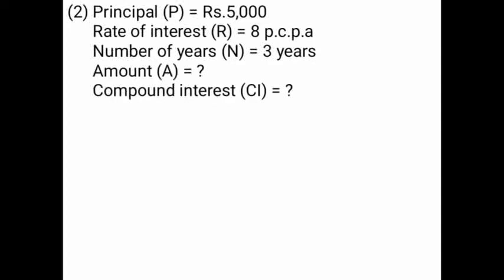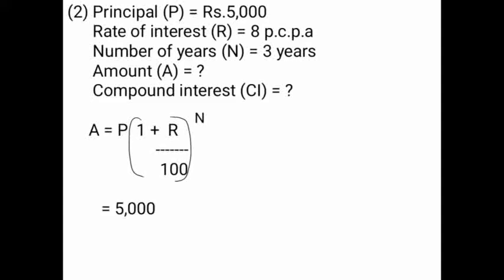The formula of amount in compound interest is amount is equal to principal in bracket 1 plus rate of interest upon 100 raised to number of years. Principal, rate of interest and number of years, whatever is given, you have to substitute now in the formula. That is equal to principal is 5000 in bracket 1 plus rate of interest is 8 upon 100 in bracket raised to number of years is 3.